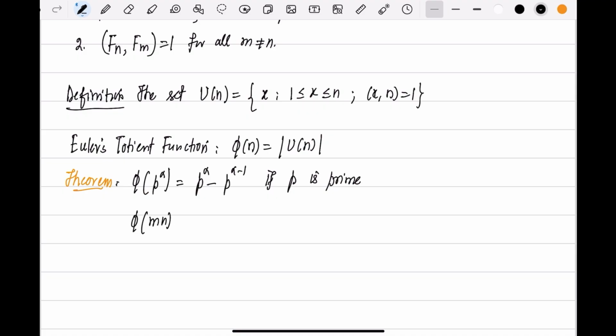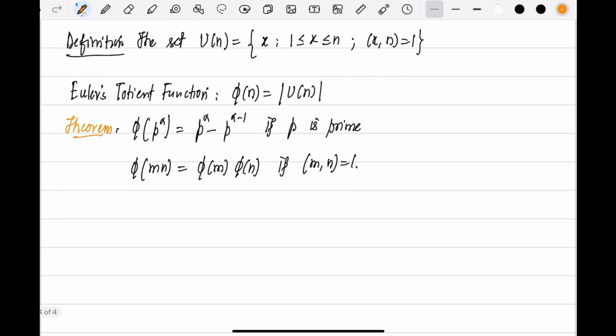And second, phi of mn is equal to phi of m into phi of n, provided m and n are relatively prime. Now here we don't need to take up any other formulas. These are the only two formulas for phi that are used to evaluate the value of any phi of n.